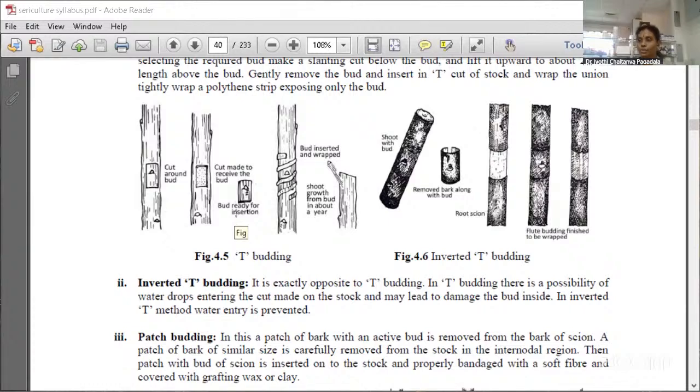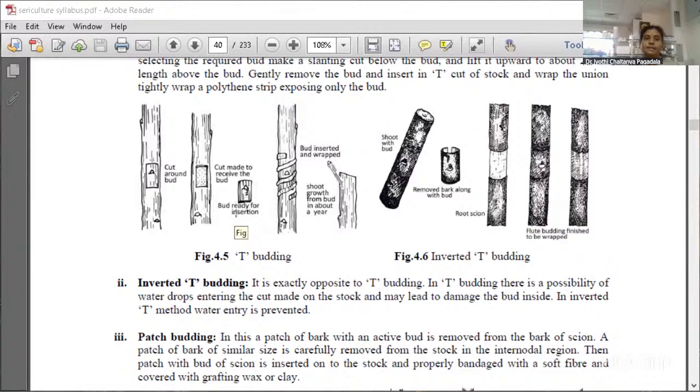to the length of about 1.2 centimeters, and then cut horizontally at the top of the vertical cut, which appears like a T shape. Then slowly bark is removed to insert the bud.